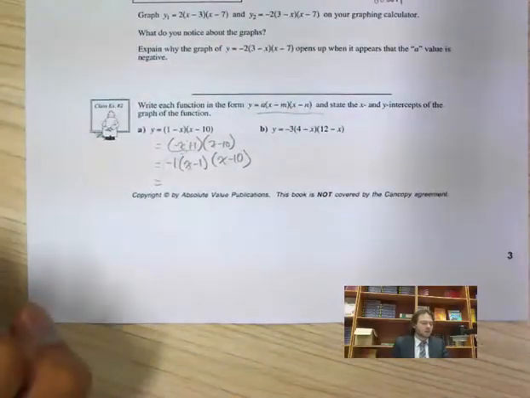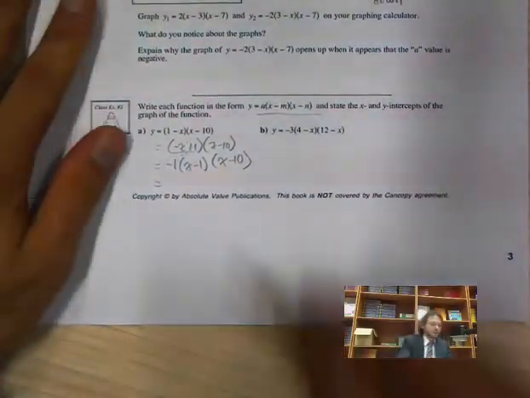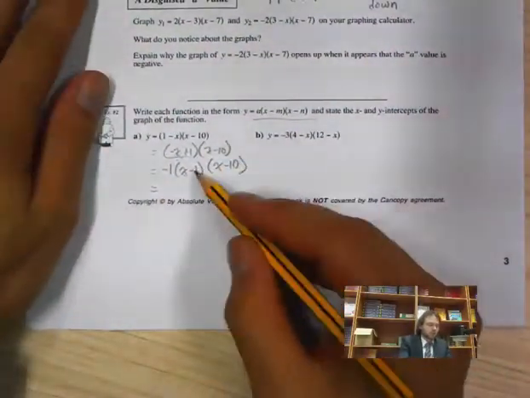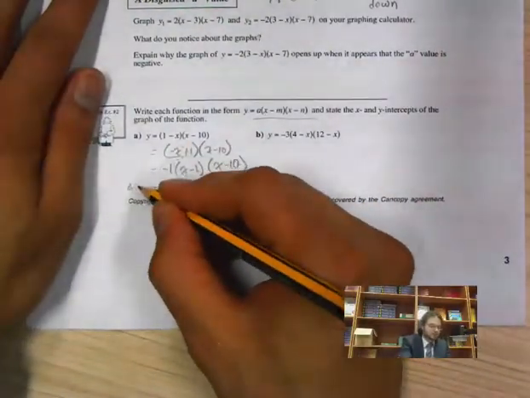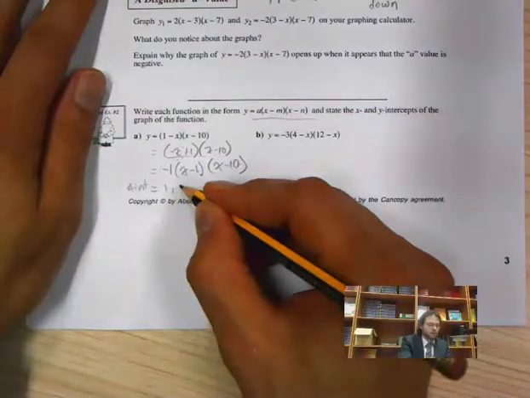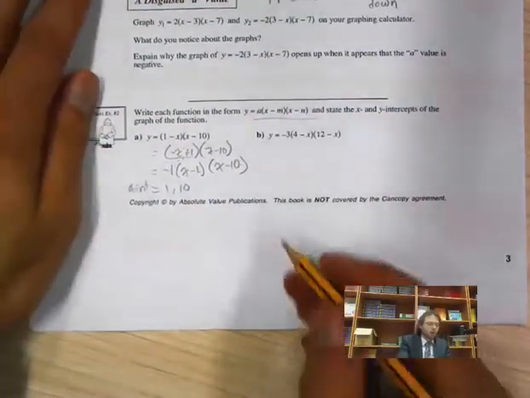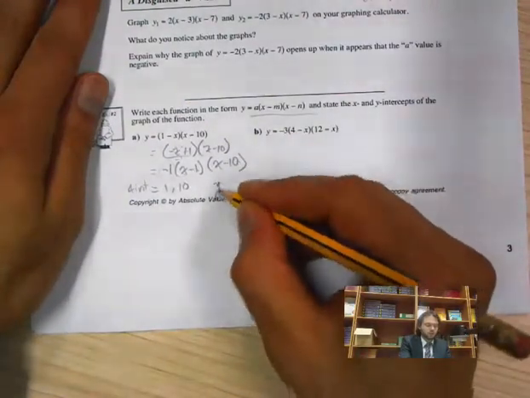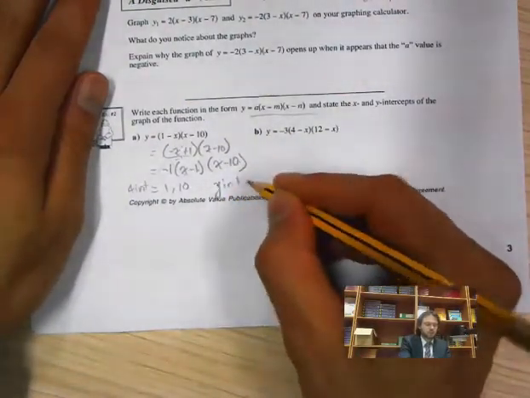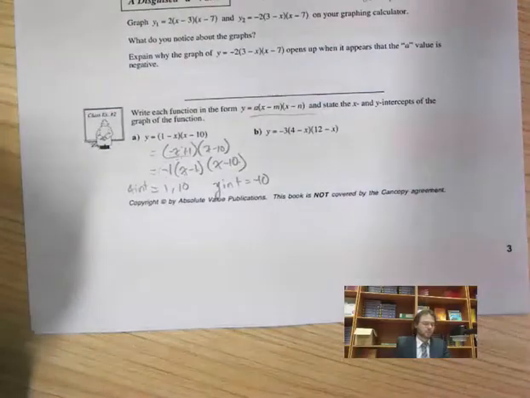So, now what are my x and y intercepts? My x-intercepts for this one are 1 and 10. My y-intercept is 1 times 10, then times negative 1, which is equal to negative 10. Okay?